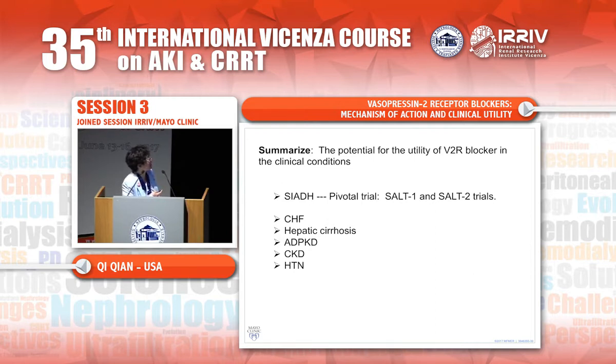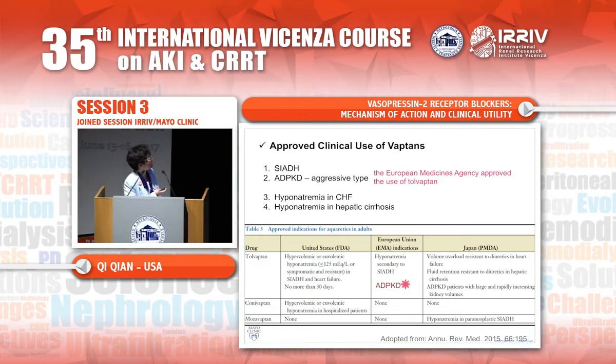In ADPKD, we have very good human data showing that the AVP V2 receptors contribute to disease progression and blockade has some salutary, beneficial effects. In SIADH, of course, there is a demonstrable effect from the vasopressin V2 receptor blocker.